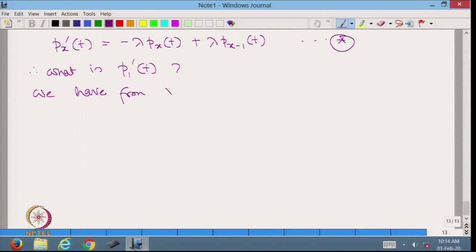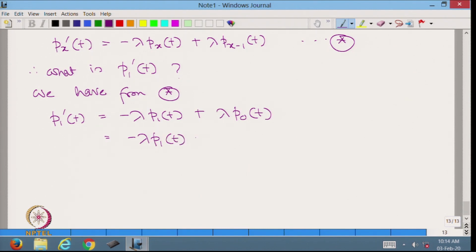From star, P1 prime t is equal to minus lambda P1 t plus lambda P0 t, which is equal to minus lambda P1 t plus lambda times e to the power minus lambda t, since P0 t we have already obtained is equal to e to the power minus lambda t.